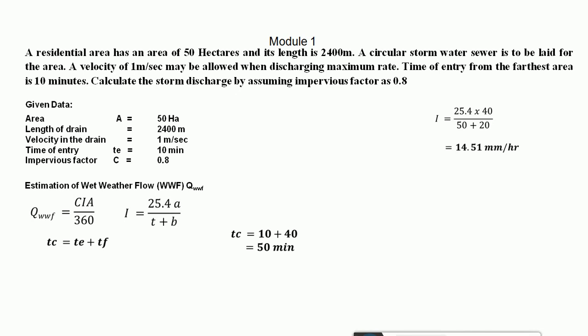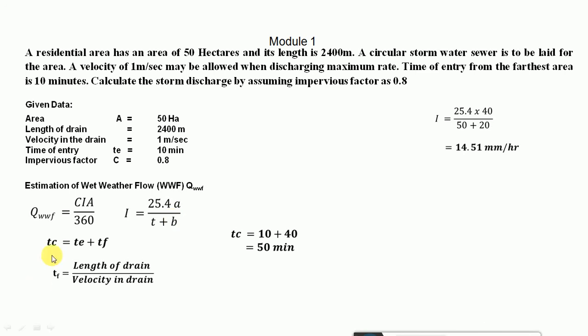For estimation of the storm water flow, the rational formula is Q is equal to CIA divided by 360. Here the intensity of the rainfall formula is 25.4 into A divided by T plus B.